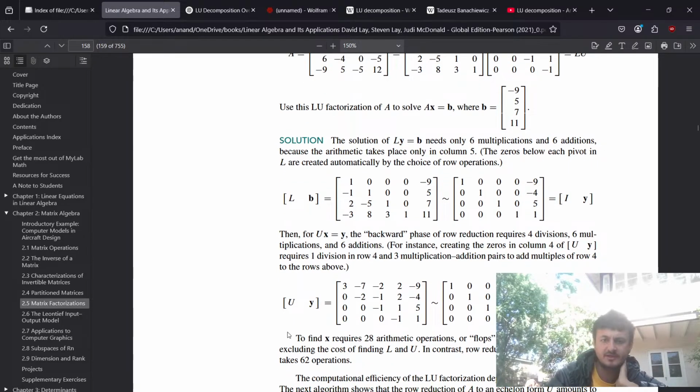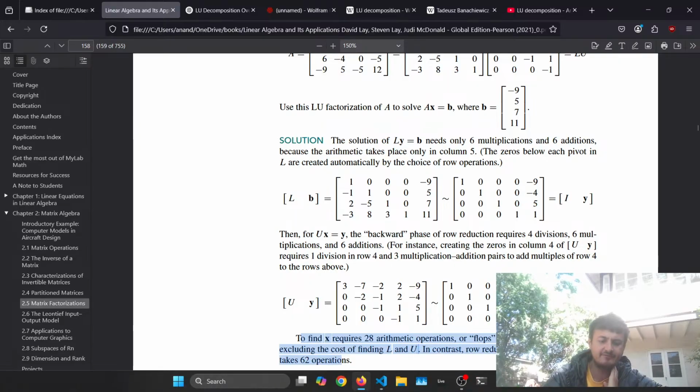Okay, so here's something. To find x requires 28 arithmetic operations, excluding the cost of finding.